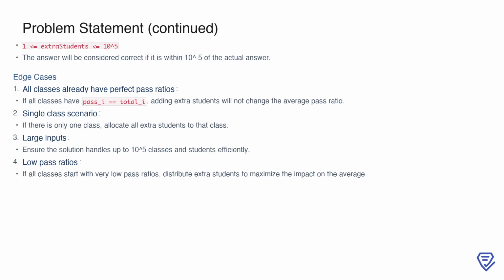If all classes already have perfect pass ratios, adding extra students won't change the result. In a single class scenario, all extra students should be allocated to that class. Additionally, when the initial pass ratios are very low, the extra students must be allocated strategically to maximize their impact. These considerations are crucial for solving the problem effectively.